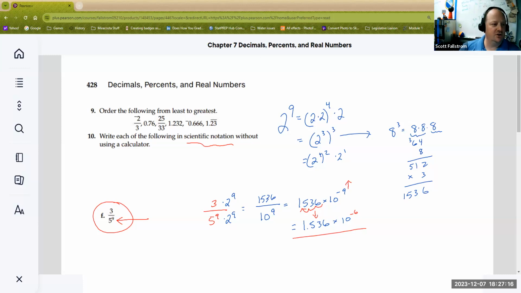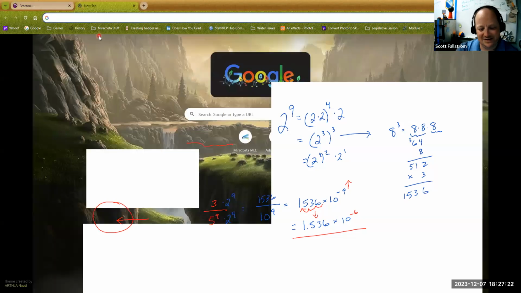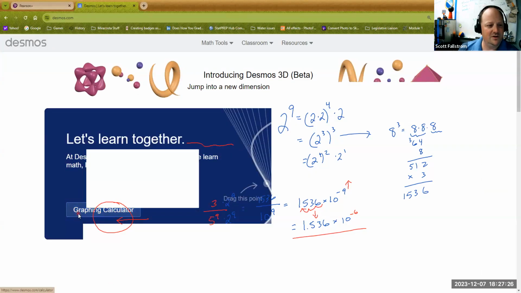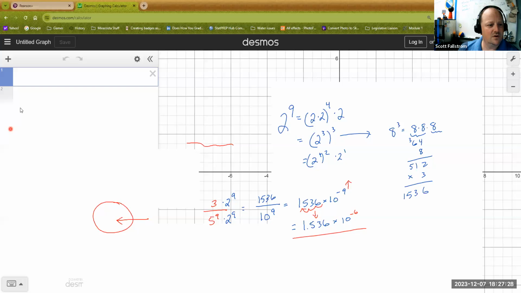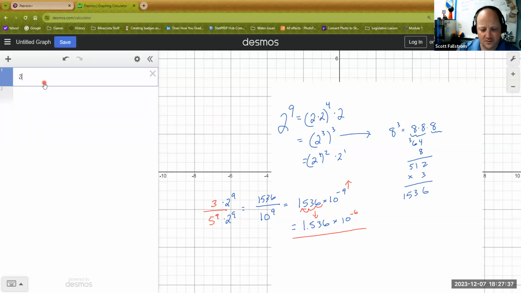Well, let's check over here and make sure. Nothing more fun than making a video and I did some part of it incorrectly, right? Let's go to Desmos and see. Desmos.com. We'll do a little graphing calculator. Let me erase the pieces over here real quick. And let's see how we do. So we have 3 divided by 5 to the 9th.